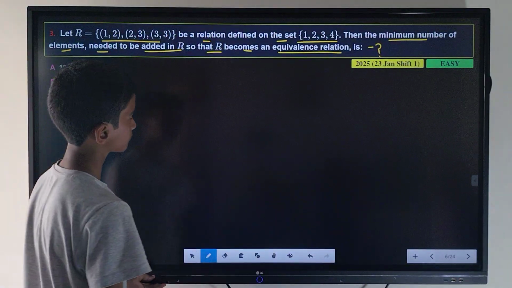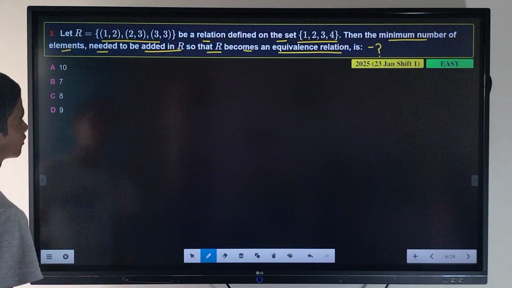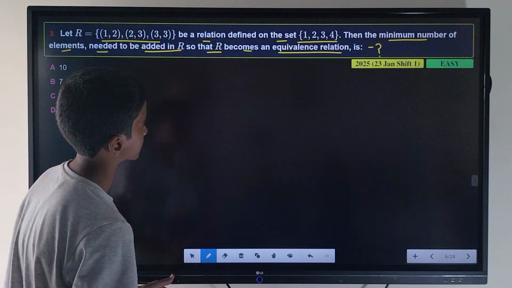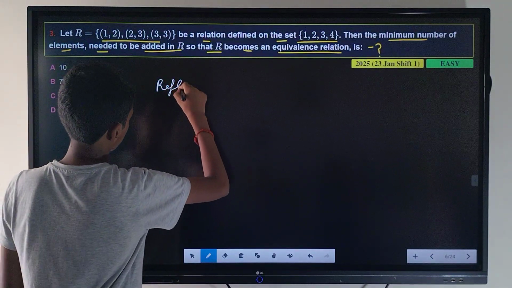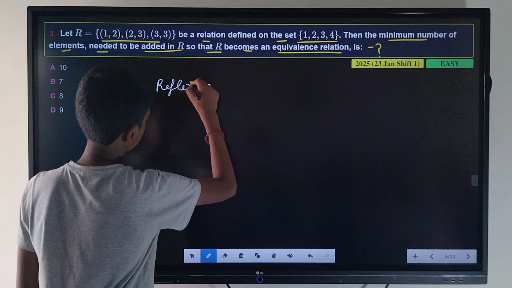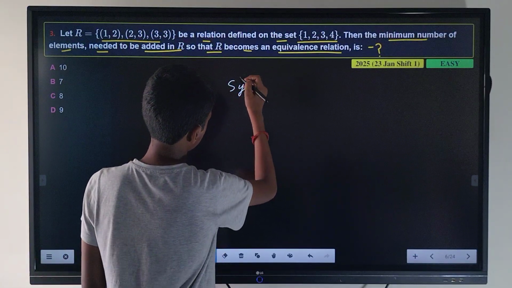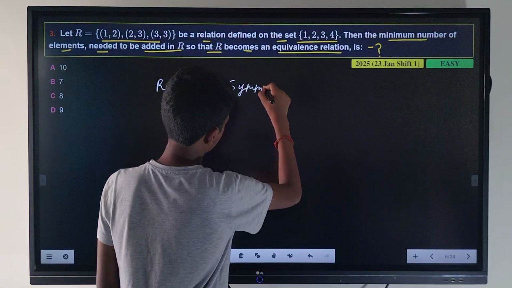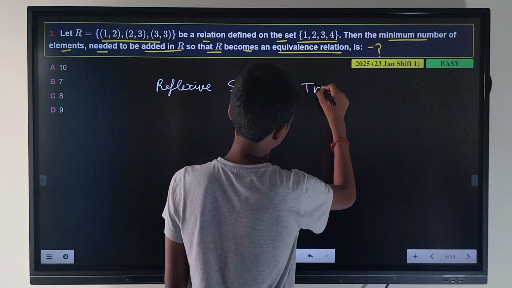Now for R to be an equivalence relation, our R should be reflexive, symmetric, and transitive.